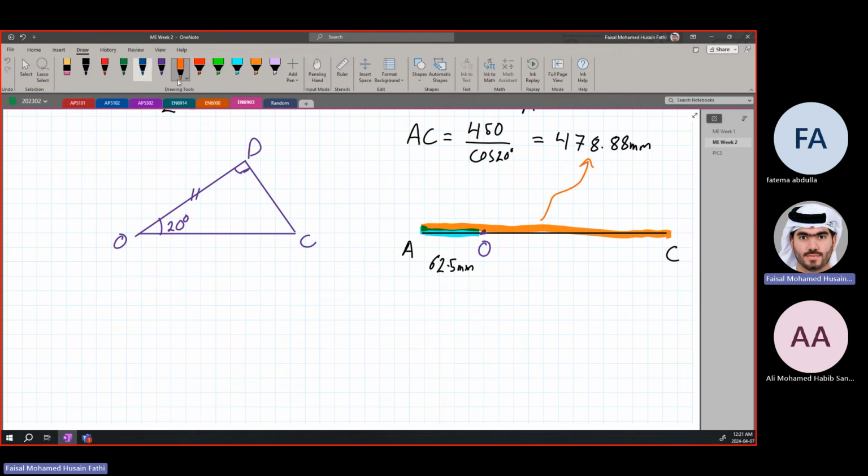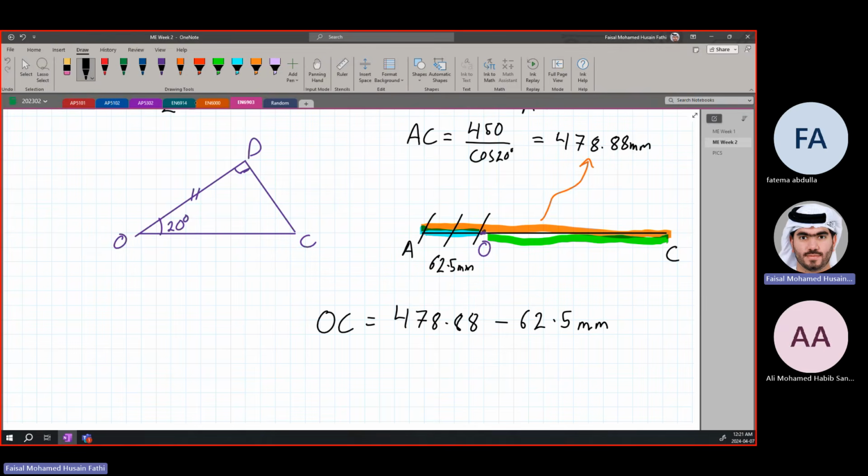So now we can simply find the remaining OC, the green part that is remaining. It's simply going to be equal to the total line, 478.88 minus 62.5 millimeters. If we remove this part from the total distance AC, we are left with OC.